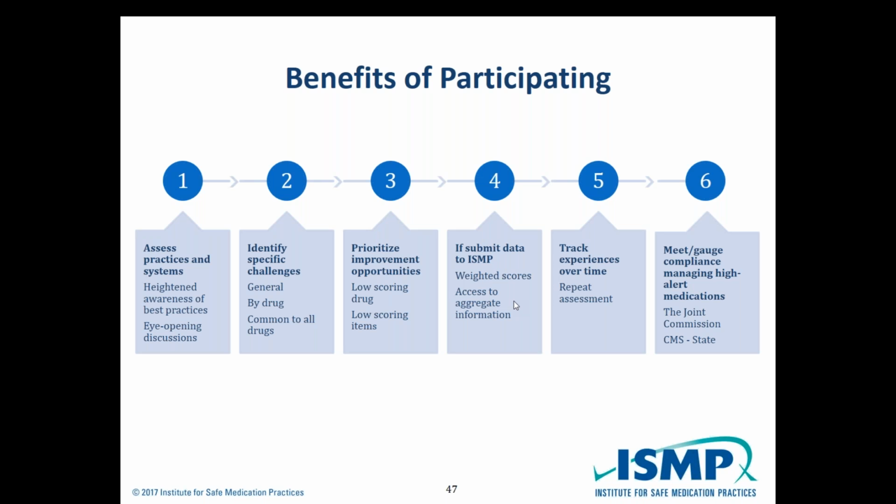At least every 18 months, the organization selects one high-risk process and conducts a proactive risk assessment. So again, hopefully this is not only for the safety of the patients in your institutions, but will also help you meet and gauge compliance with some of the standards that are out there.